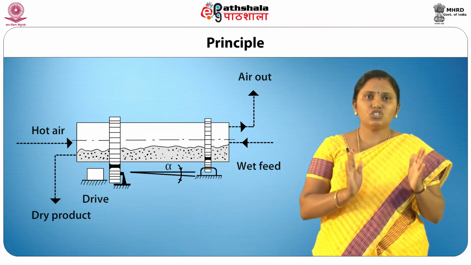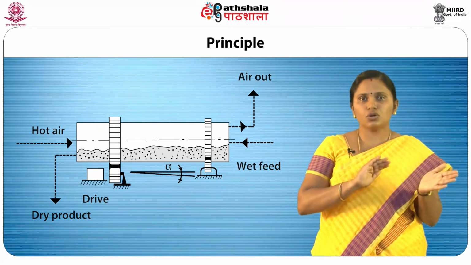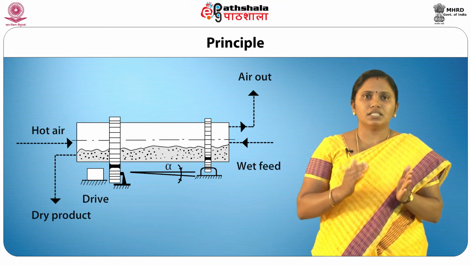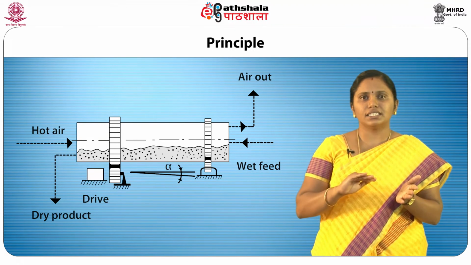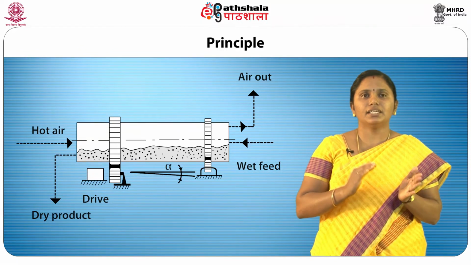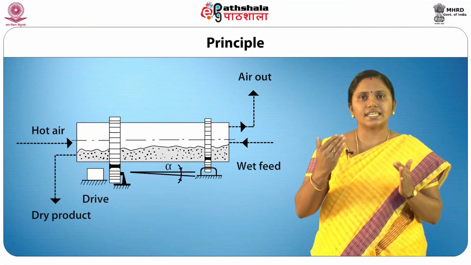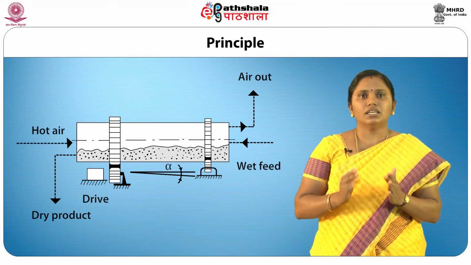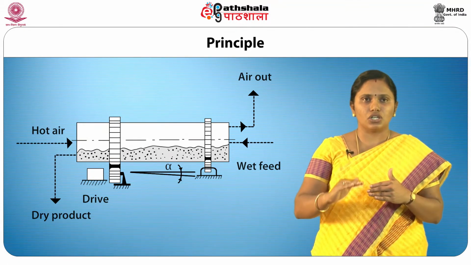In some arrangements, the hot air also passes through the drum. With this arrangement, the drum is also heated and provides conductive heat to the solids when they are in contact with the cylindrical drum. Convective heat is also provided when the solids are tumbling down.